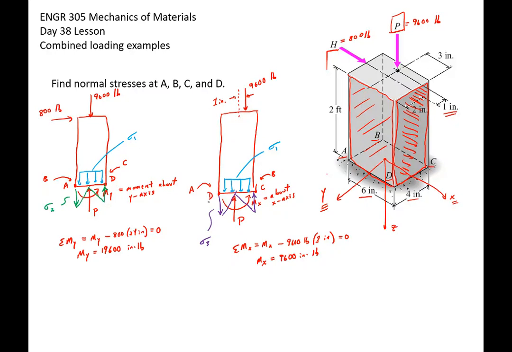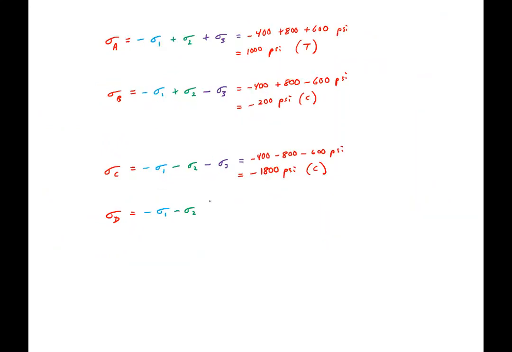Point D is here on the tensile side of sigma 3. So that's going to be a plus sigma 3. So let's add those up. I'm going to have a minus 400, a minus 800, and a plus 600 psi. So that's going to give me a minus 600 psi. And again, because that's negative, we're in compression.